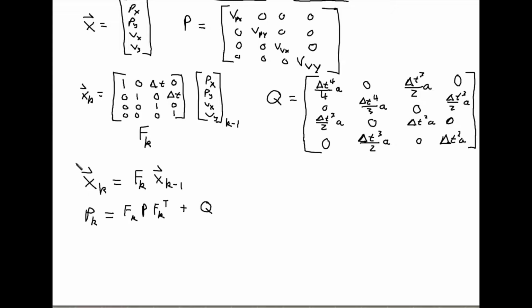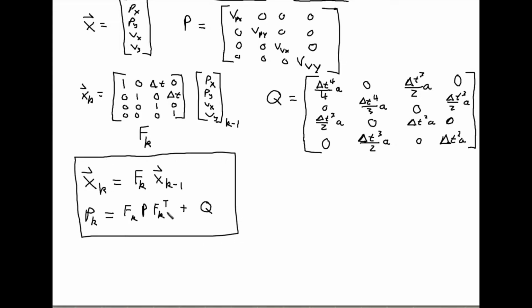So this right here is our prediction step. That's pretty simple, right? All we have to do is plug these in once we have them to predict both what the next state would be, and what the uncertainty is behind that state estimation.